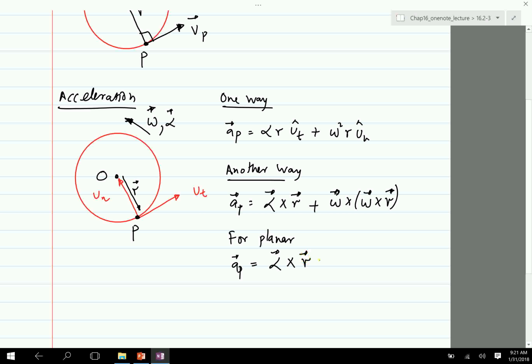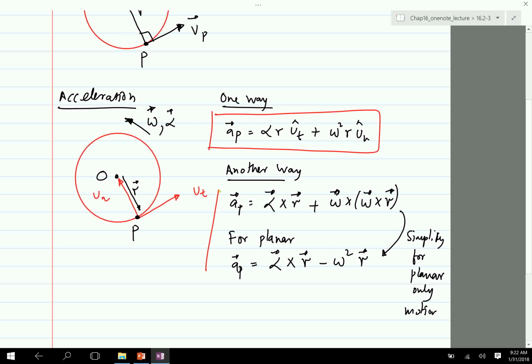So this is a simplification for planar only motion. Okay, any questions so far?